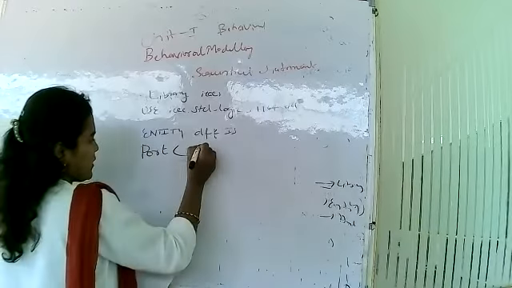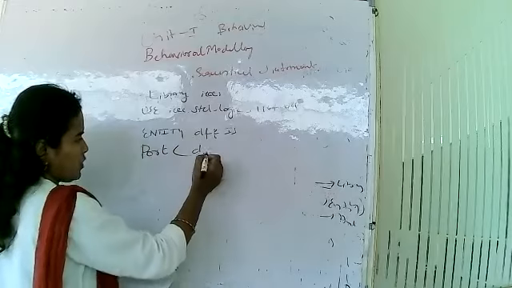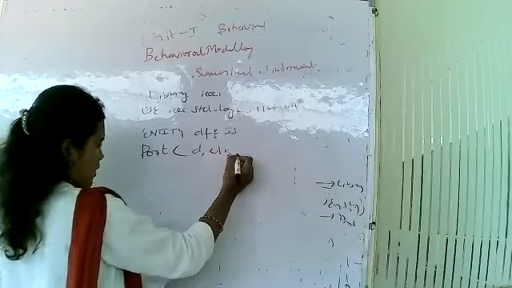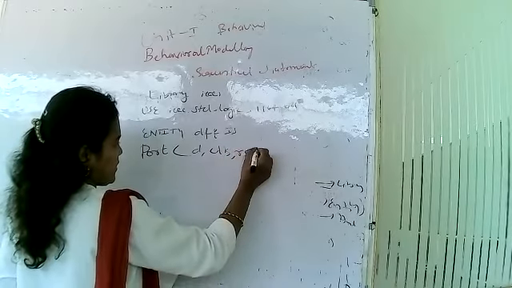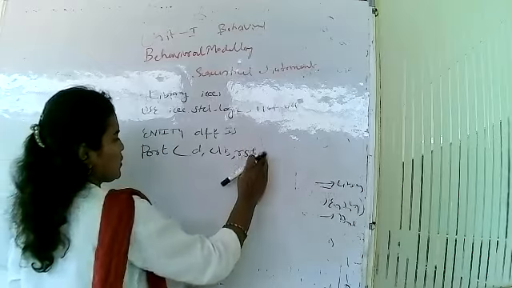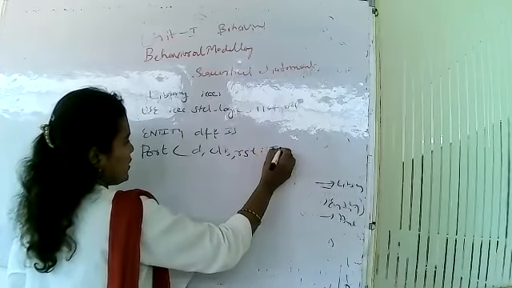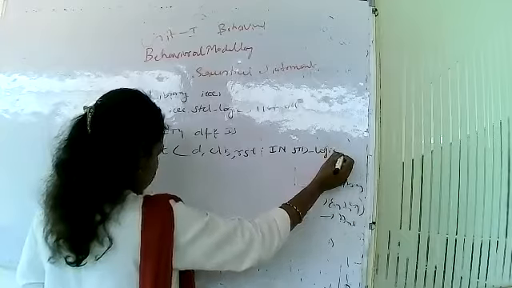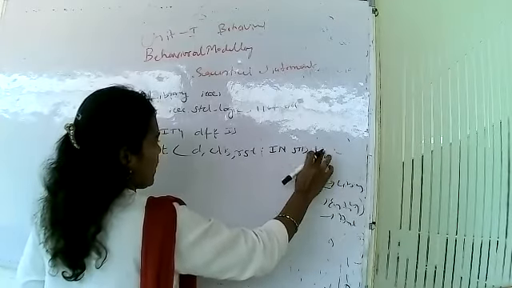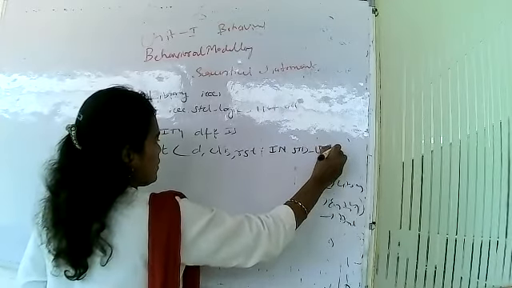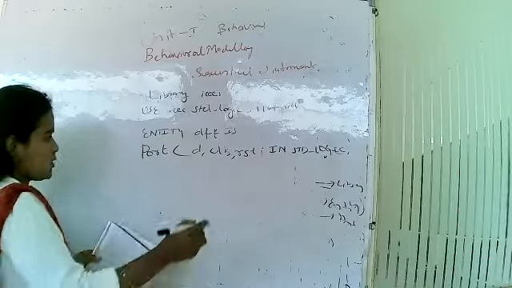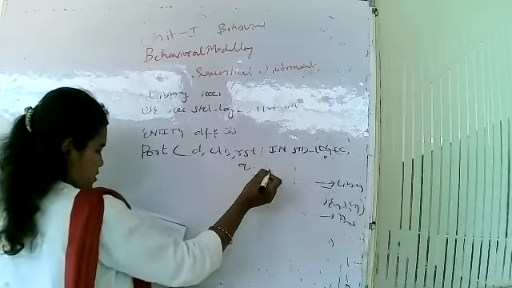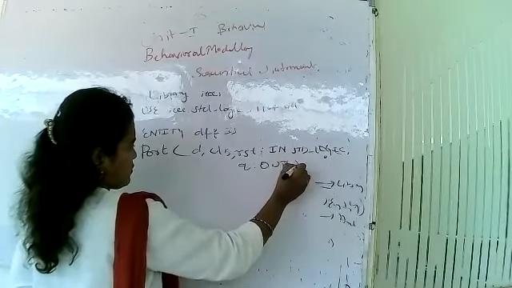The input ports are D, clock and reset, which I told you are set and reset. These are inputs of type std_logic, and Q is the output of type std_logic.